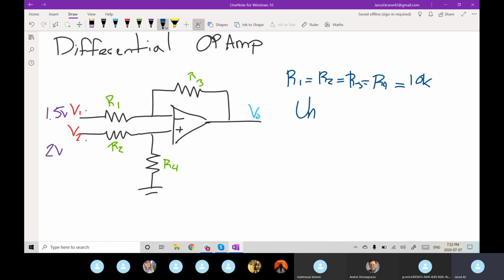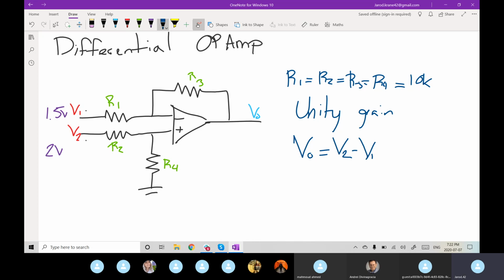This is known as the unity gain. And what that means is our output is just going to be the difference. Unity gain just means gain of 1.